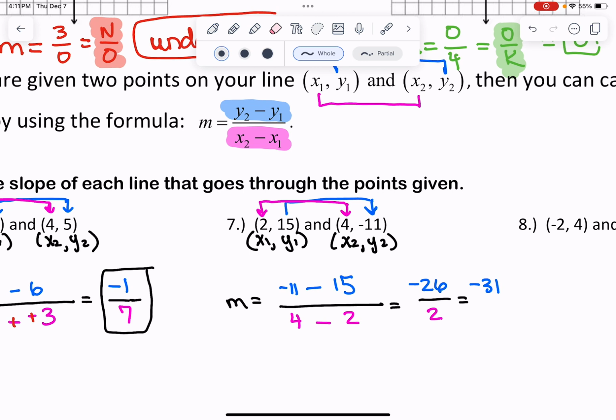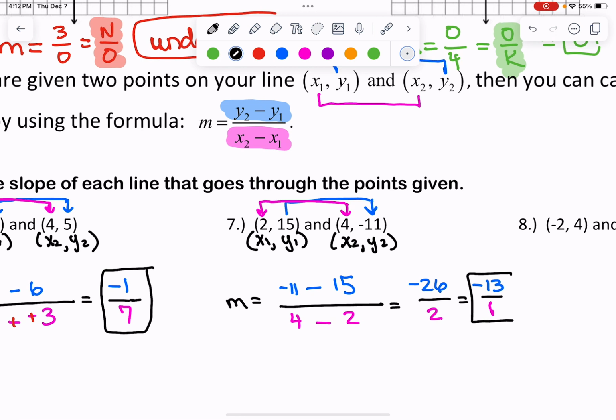Oops, I wrote 31. So negative 13 over 1, and you could just write it as negative 13. That's perfectly fine. And that means that we would go down 13 over 1, down 13 over 1 to get from one point to the other.